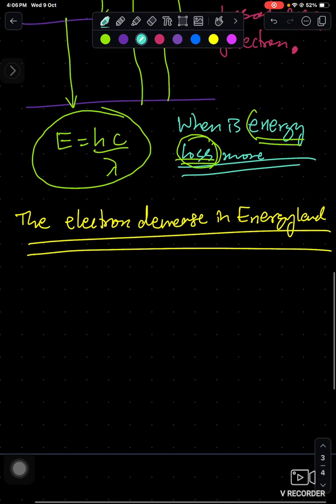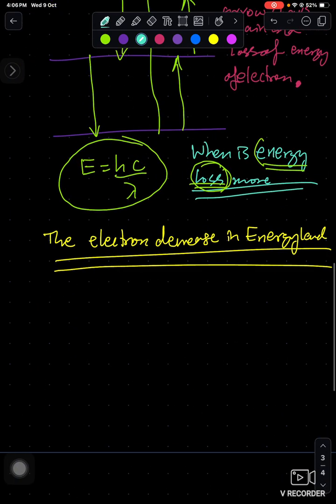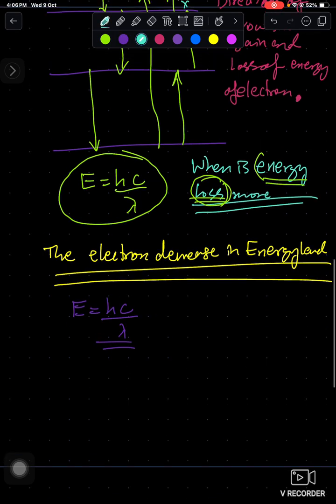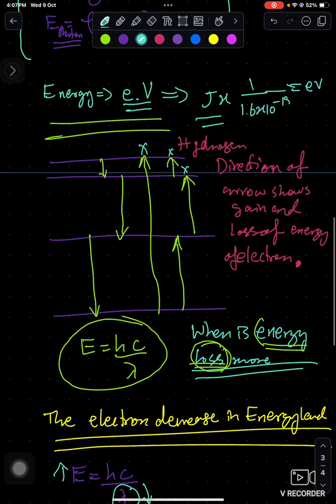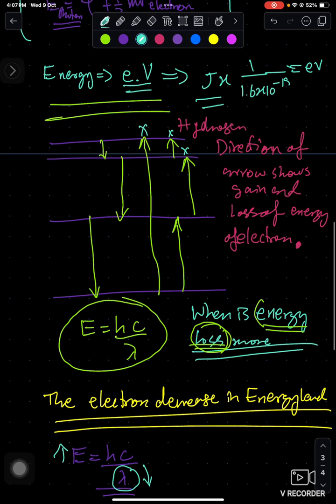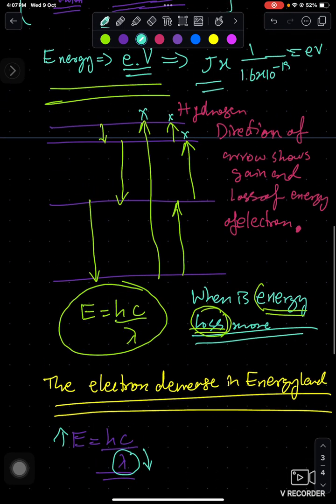And from here, now that which has the most energy loss, we look at E equals hc over lambda in terms of wavelength. The one with the lowest wavelength will have the greatest energy loss. Here we see that it would be smallest wavelength, so smallest change.